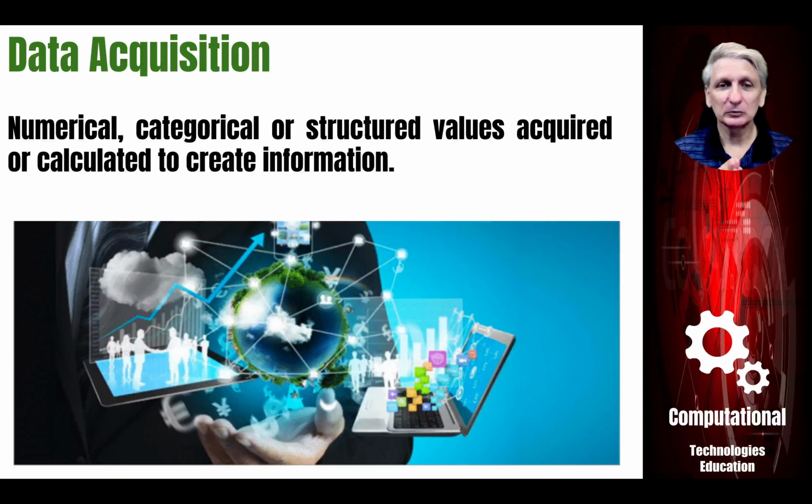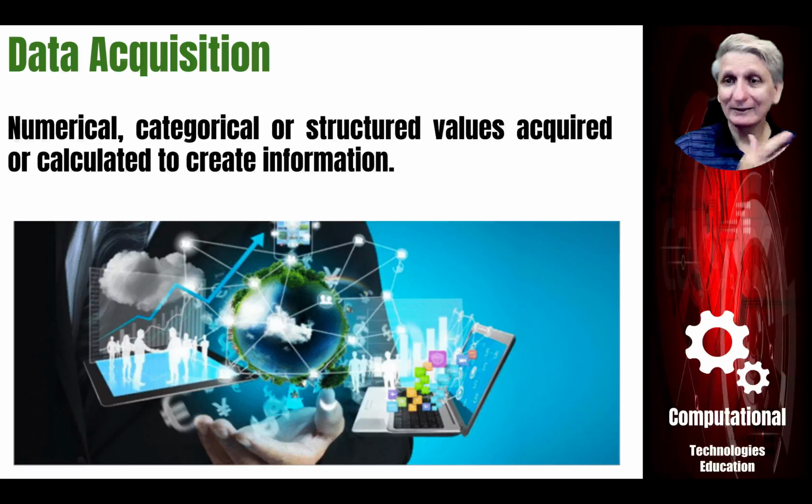So the first of these is data acquisition. This is collecting data. And remember, data can be numerical, categorical, or structured in various ways, and it can either be acquired directly or calculated and then used to create information. So having students conduct a survey would be a way of collecting data.